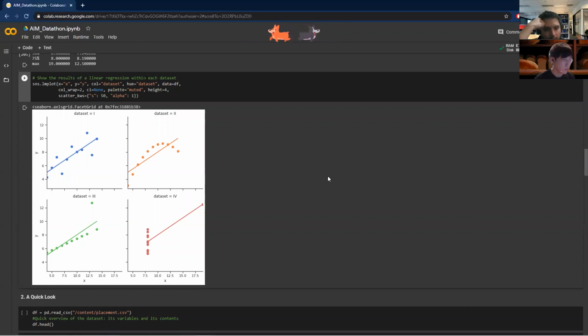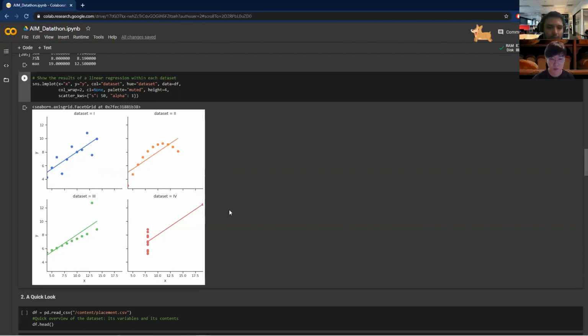So for example, if somebody wanted to infer from this data set, so basically predict the next data point to come, one of the ways you can do that is to draw a line of best fit. But as you can see here, except for this one, all of these are incorrect.